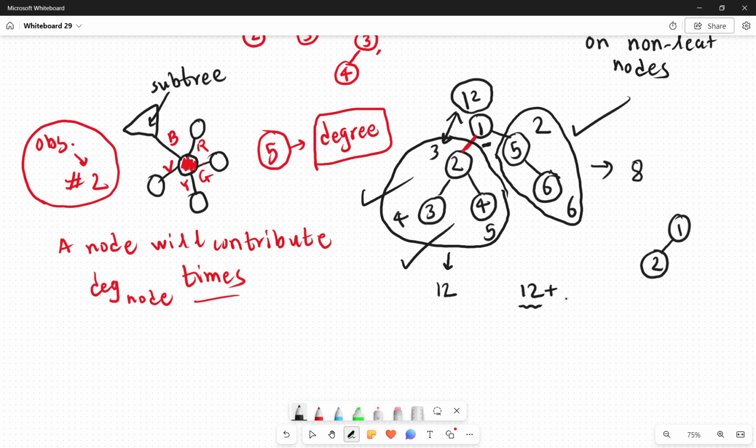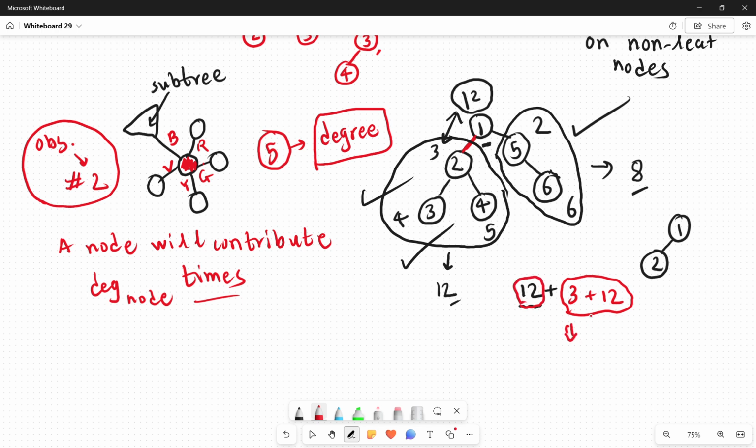So this is the value of the black component, because we have to take the maximum of both, 8 and 12. So 12 plus 3 plus 12. This 3 is contributed by the red subgraph, and this 12 is contributed by the black subgraph.